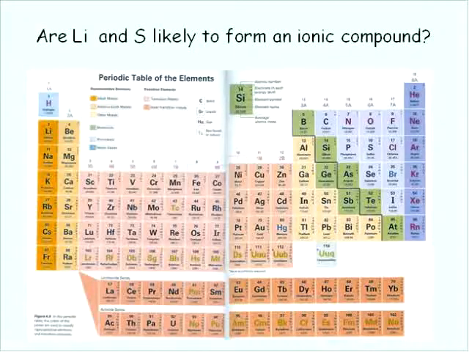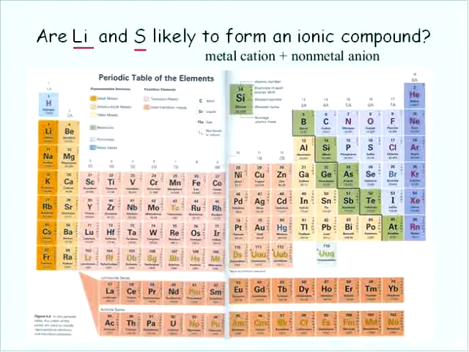Okay, and so the question here is, are lithium and sulfur likely to form an ionic compound? Remember, an ionic compound forms from a metal cation and a nonmetal anion. So we take a look at lithium.